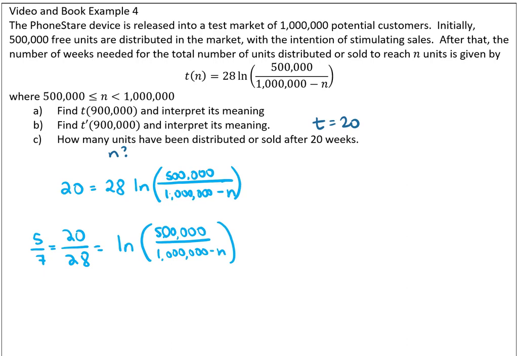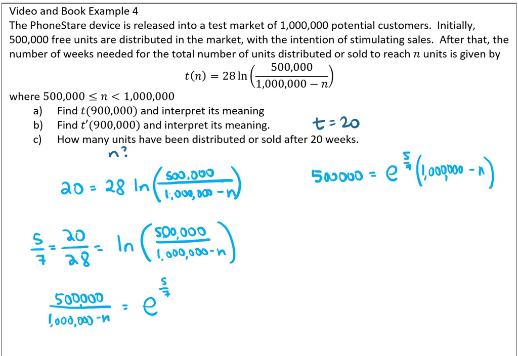Now I can take this and rewrite it. That would be the argument is equal to e to the 5 over 7 power. Now let's simplify this, multiplying both sides by that denominator. And then you want to distribute that out.